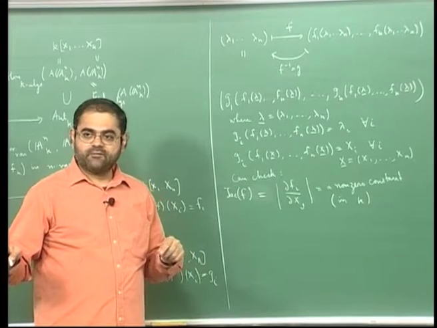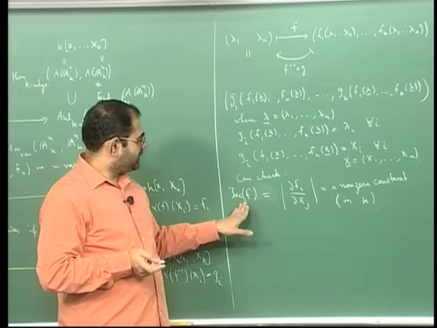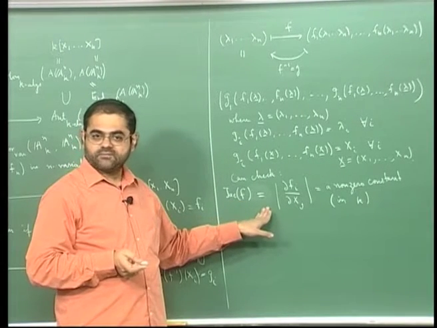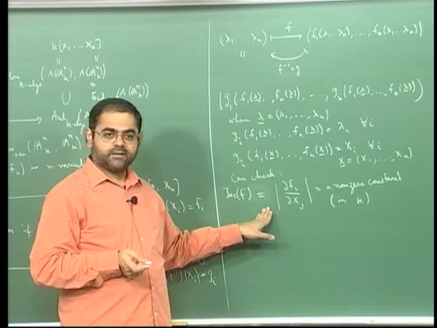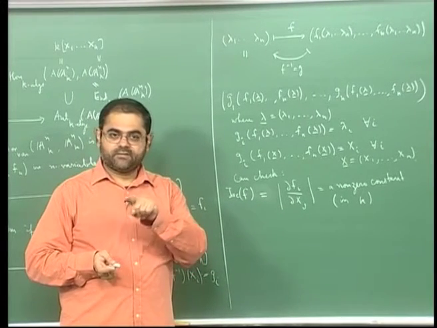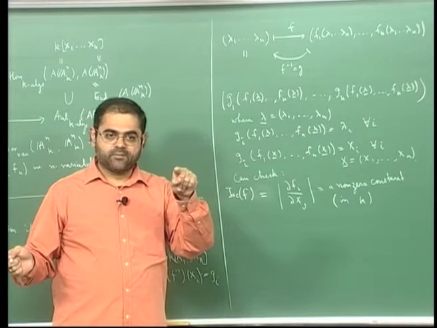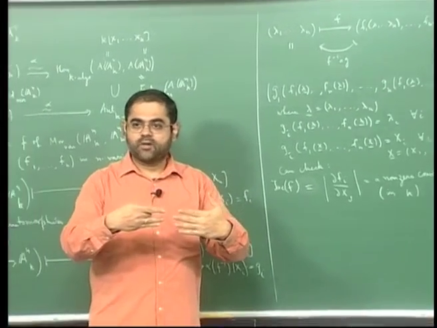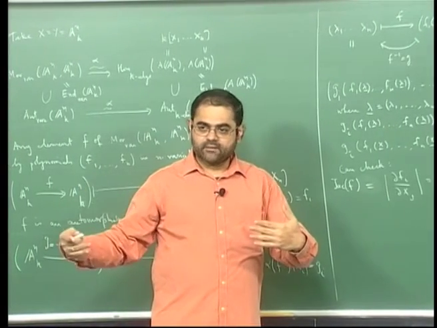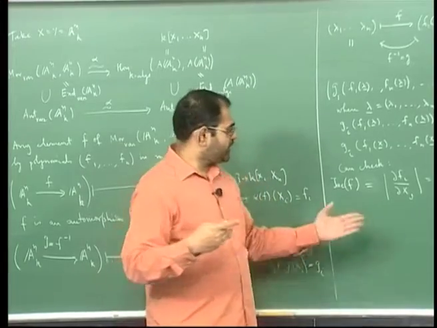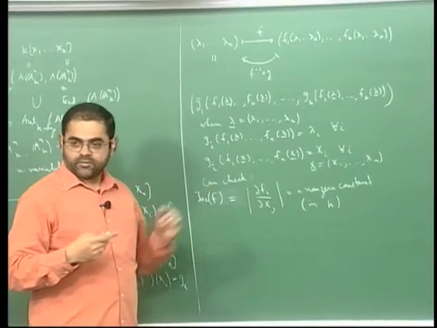So finally, the Jacobian polynomial of f times the Jacobian polynomial of g, the product polynomial, will be equal to 1, which is the Jacobian polynomial of the identity map. So you have a product of two polynomials equal to 1, so each of them has to be a non-zero constant. That is why the Jacobian of f will be a non-zero constant.